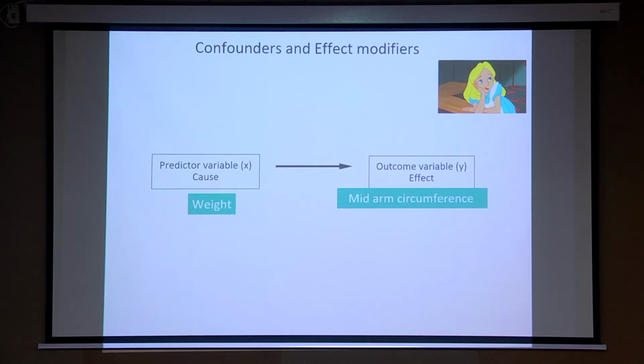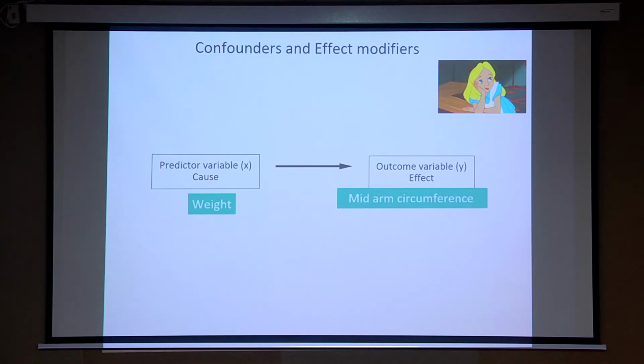And coming to another example, weight and mid-arm circumference in a village. We are going to weigh the child and look at the mid-arm circumference. Both are continuous variables, and you are going to get a relation.